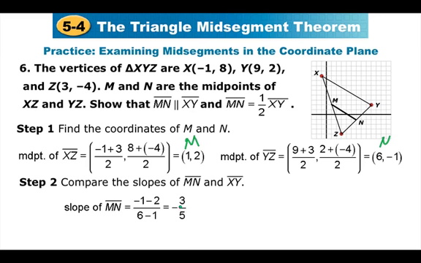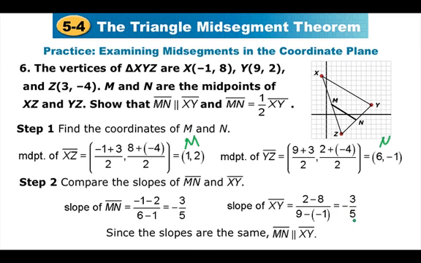So the slope of MN is -3/5, and you should be able to follow this without much problem. You know how to compute slope. And XY, the same thing. Therefore, since the slopes are the same, these two segments, MN and XY, are parallel. So we're done with the first part. Now let's show the second part, which is this right here.